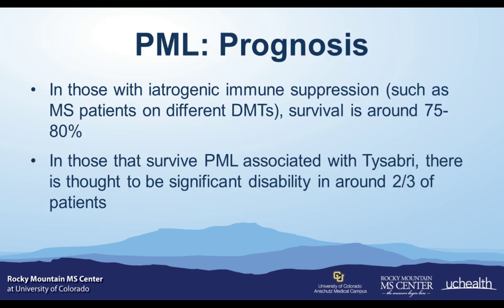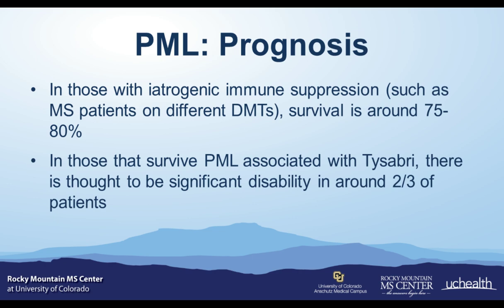So what exactly are the outcomes of people that acquire PML? We will focus just on MS patients that acquire PML in this talk. In those that have iatrogenic immune suppression, which basically means you're on a medication that's been known or can cause PML, the survival tends to be around 75 to 80%.